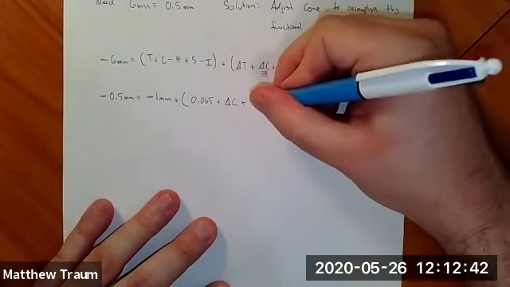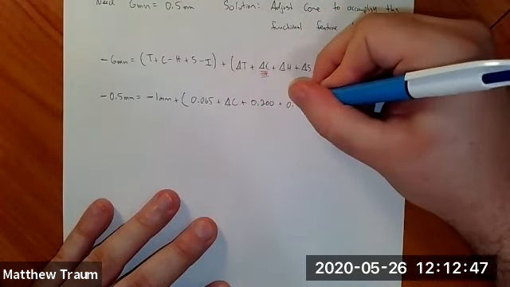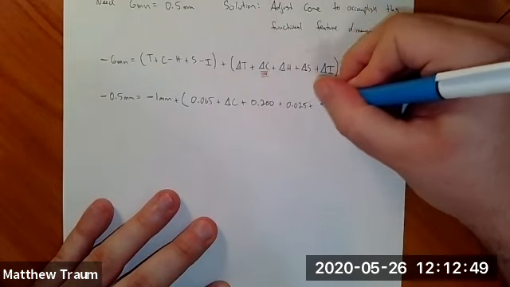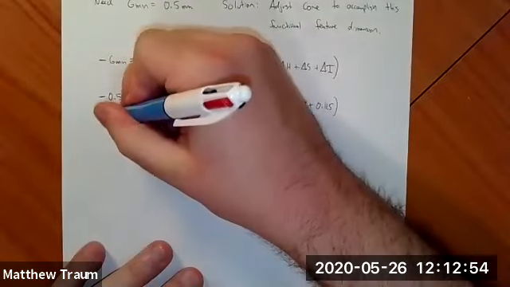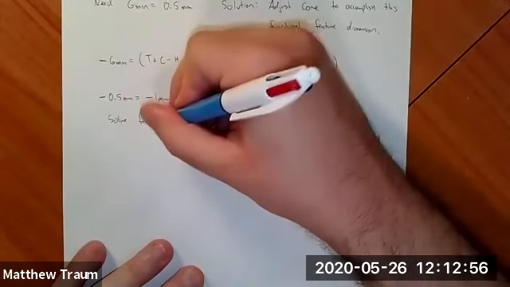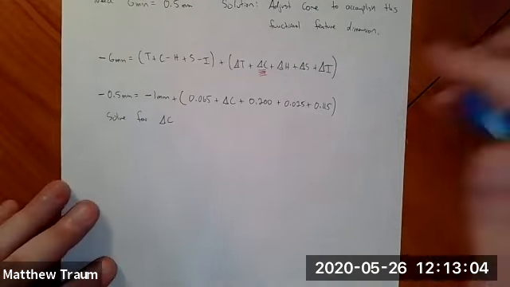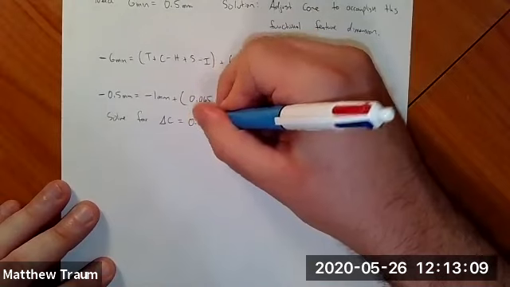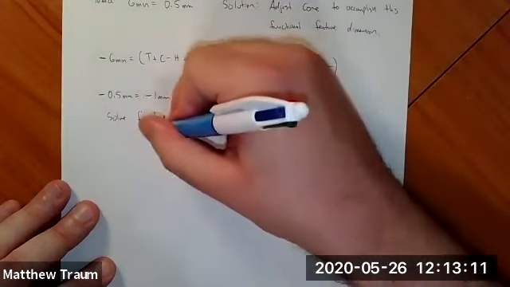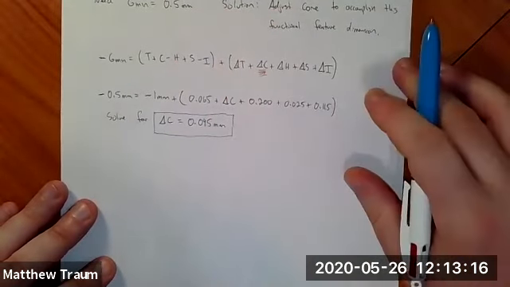Delta H is 0.200. Delta S is 0.025, and delta I is 0.115. Now I'm just going to solve for delta C. When I plug in the numbers, it works out to be 0.095 millimeters. You can run through and punch in the numbers and see if you get what I got.